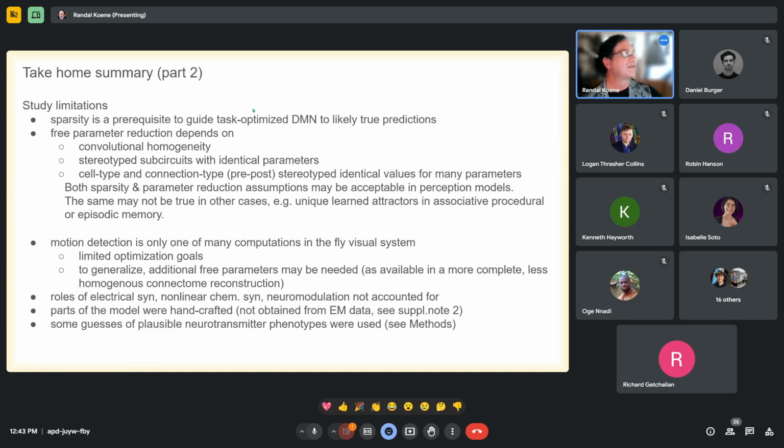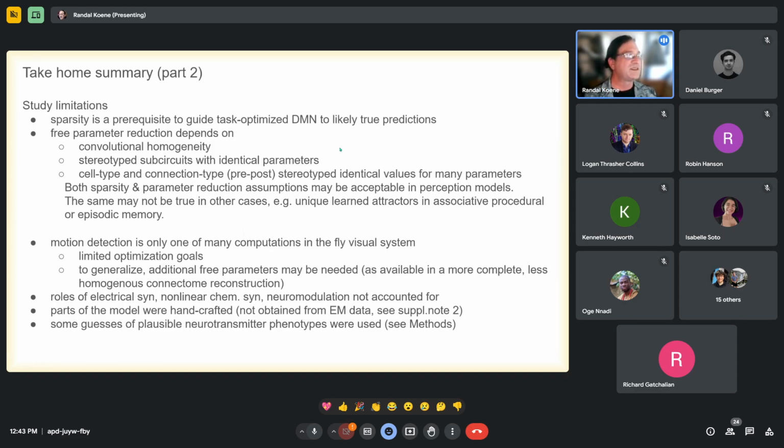Now the limitations, and there are quite a few, obviously. So setting aside that this clearly was not a complete reconstruction, sparsity is a prerequisite to guided task-optimized DMN to get true predictions. Free parameter reductions depend on a number of things as well, on convolutional homogeneity, on stereotyped subcircuits with identical parameters, on cell type and connection type, stereotypical identical values for many parameters.